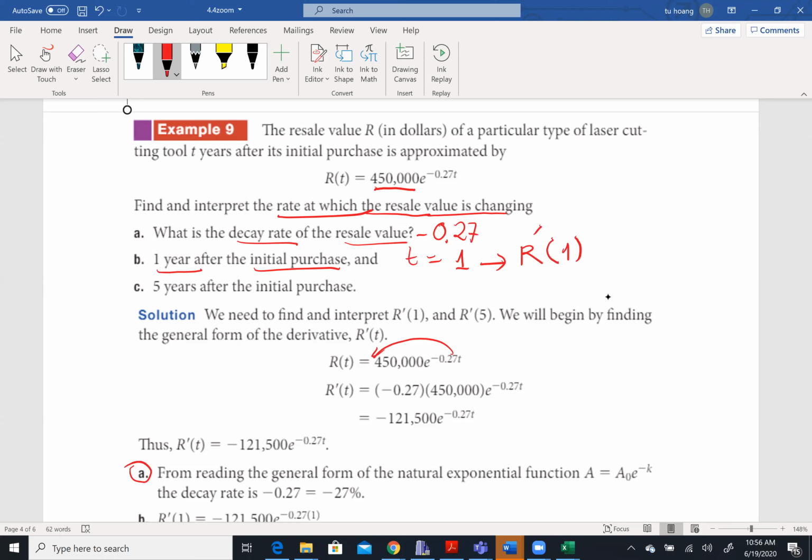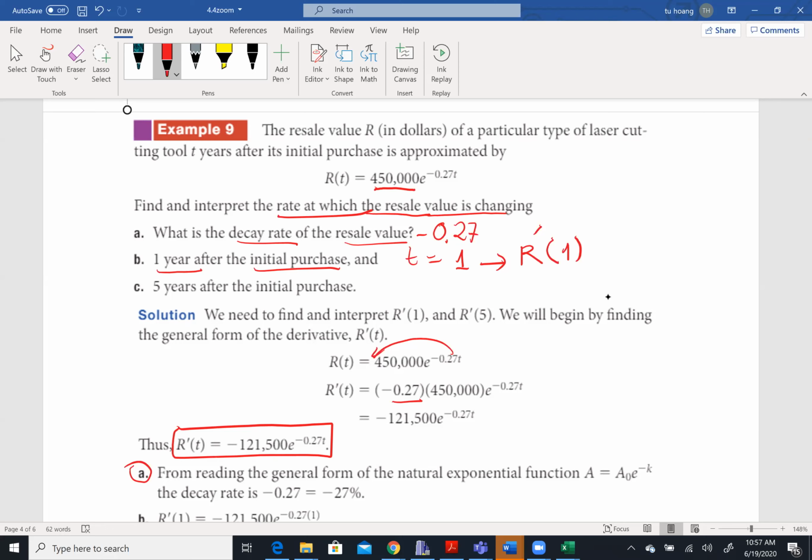So now you have negative 0.27 multiplied with 450,000 times e to the negative 0.27t, and when you combine, it's going to be equal to negative 121,500 e to the negative 0.27t. So the derivative of resale is negative 121,500 times e to the negative 0.27t.